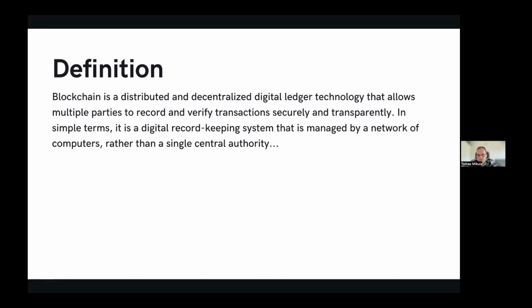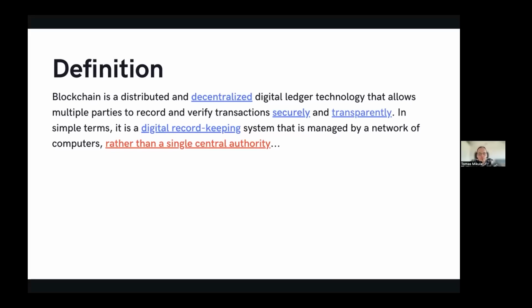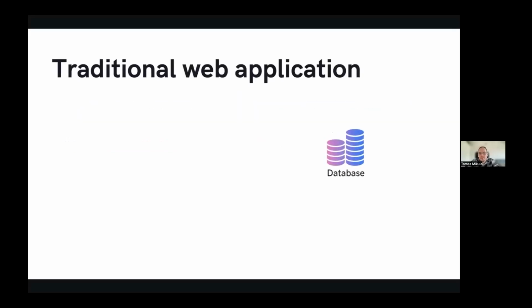What I want you to remember from this maybe complex definition is mainly these keywords: it is a digital record-keeping system, which is decentralized, secure, and transparent. What it means is there is no single central authority, no super admin who can change something just by their change of mind.